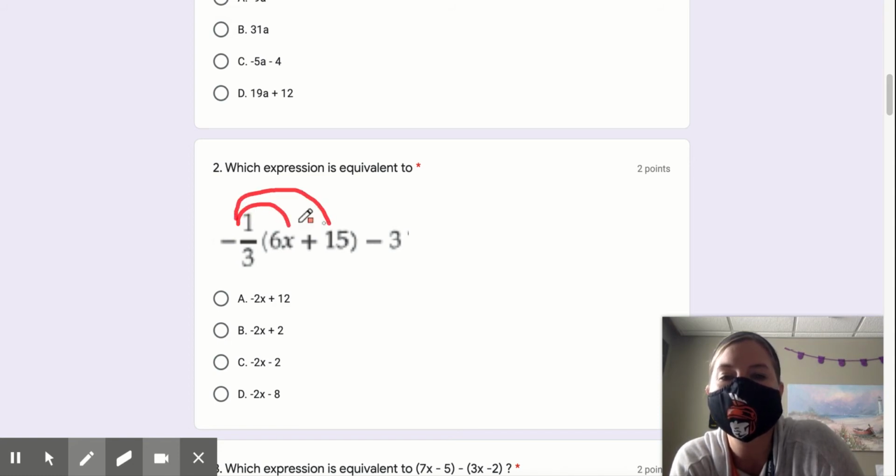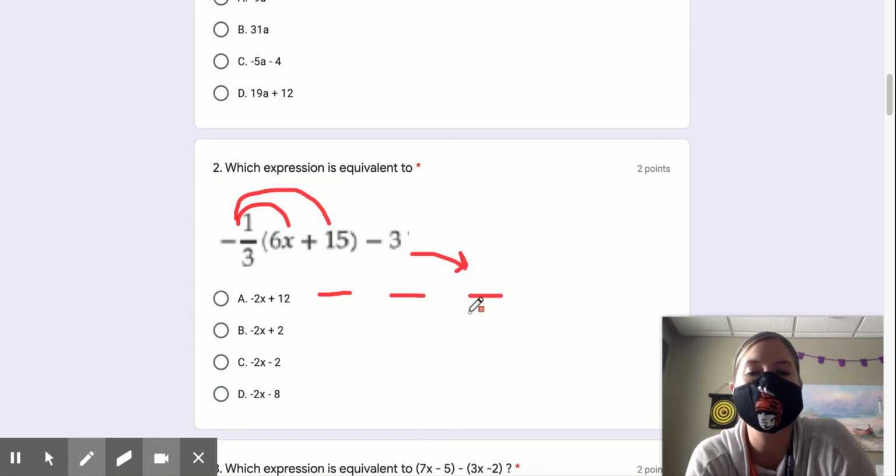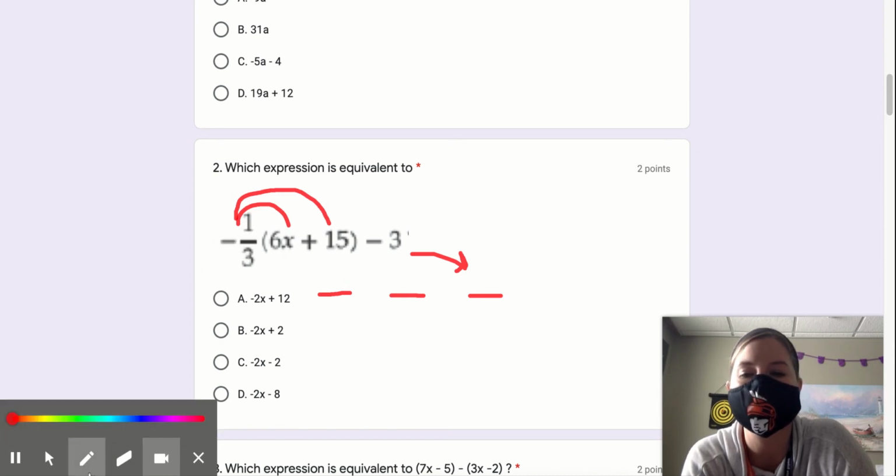Distributing means to multiply the negative 1/3 times 6x, write down what you get, then the negative 1/3 times a positive 15, there'll be an operation right there, and then you drop down the negative 3. From there, you need to combine the like terms. Remember, if you're doing this in your calculator, you have to write negative 1 ABC 3 to do the fraction.